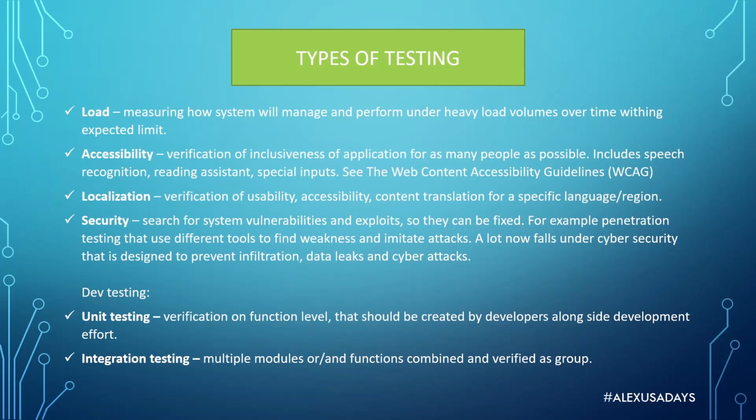So if you know, for example, that a password field only accepts letters and numbers and not special characters, a unit test that a developer might write alongside creating that function for the password input would try to pass special characters, and the test should return some sort of meaningful error saying that they're not allowed. This is unit testing, so they create the tests around functions on an atomic, very small scale, right?